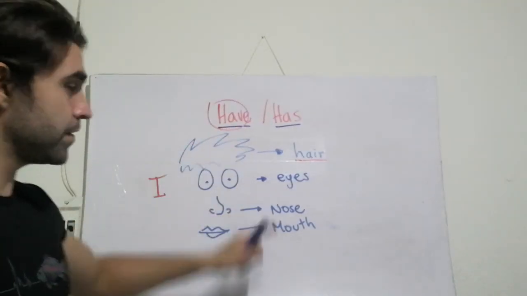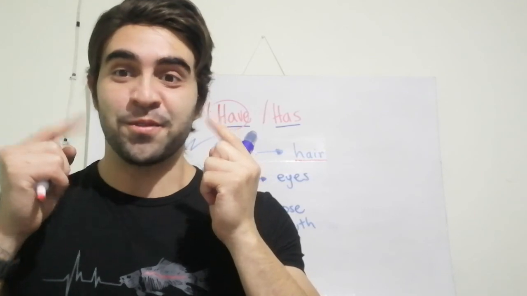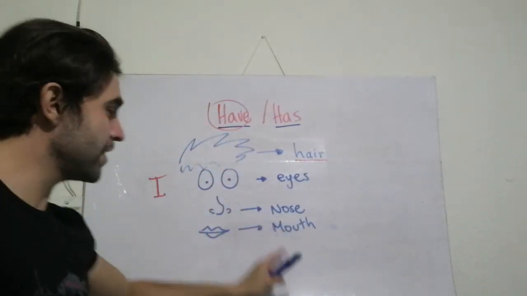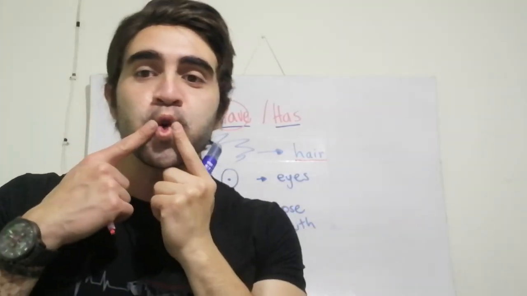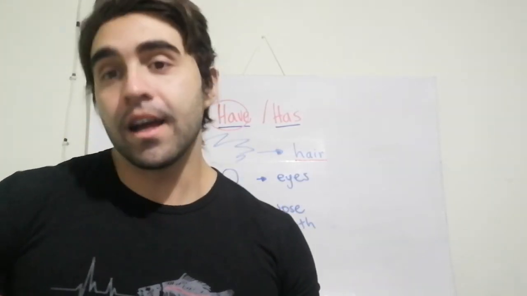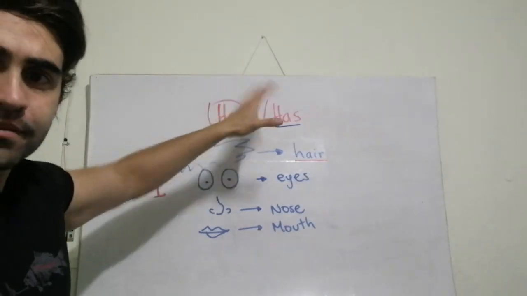I have a small nose or a big nose. I have a small mouth or a big mouth, right? And that is the physical description of a person using have.